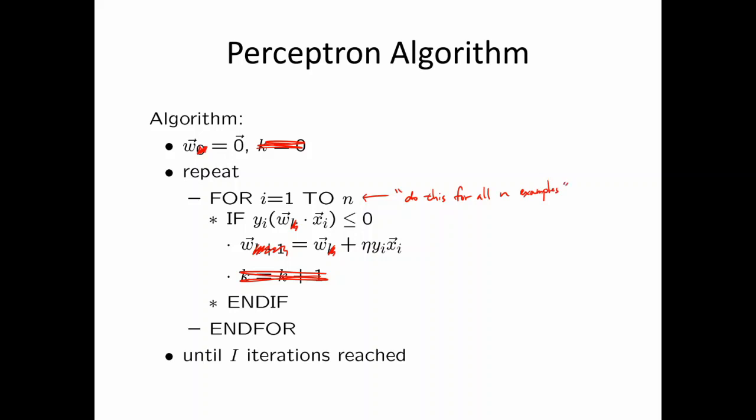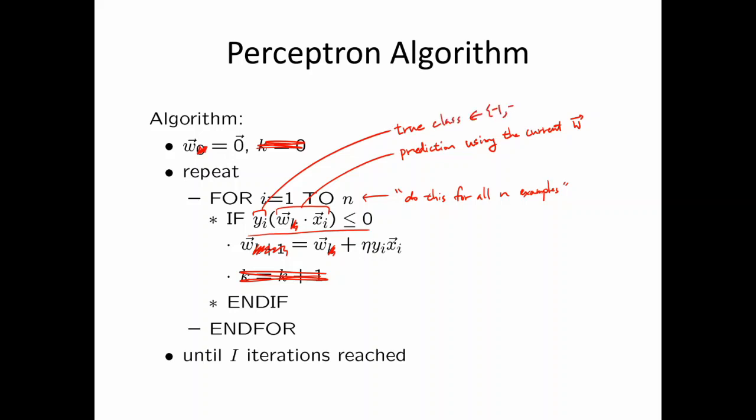And what do we do? If this condition happens, you update the weight vector. The dot product, as you know, is a prediction or classification using the current w. And y is the true class of the example, which is either -1 or +1.